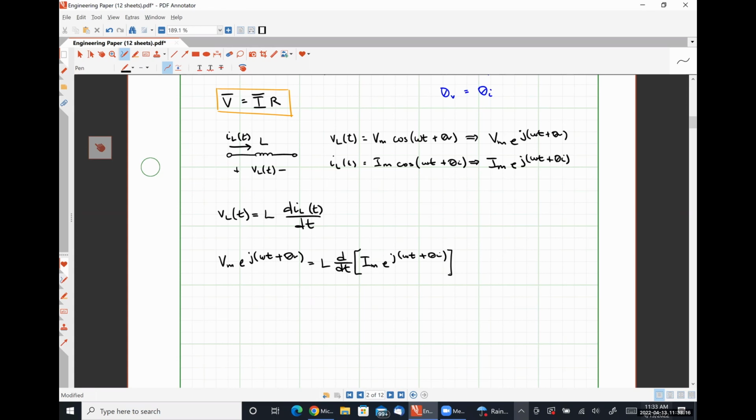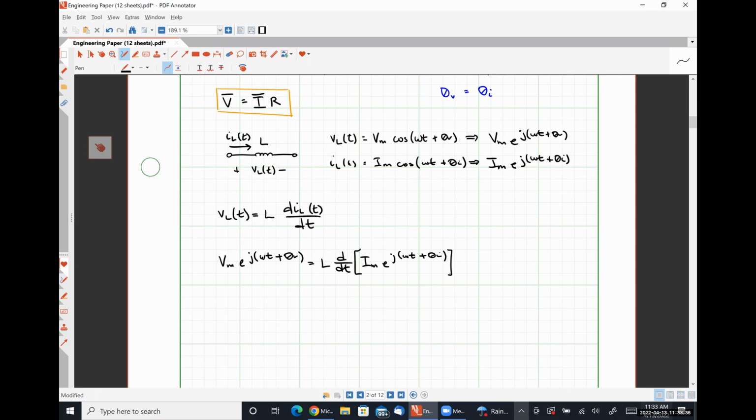This is the real reason why we work in this mixed domain. Because when we take the derivative of an exponential function like this, or a complex number like this, the derivative operation is simply multiplying by j omega t. Chain rule, right?